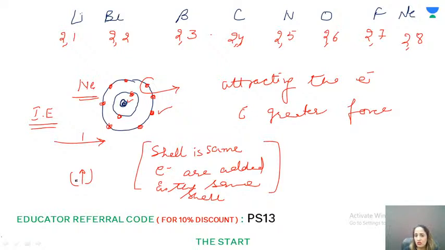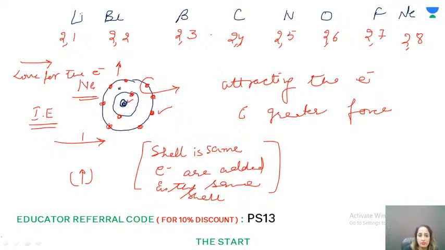And how about electron affinity? It is just the opposite of ionization energy. Electron affinity is the affinity, the love for the electrons. So as we move along the period, the love for the electrons increases.